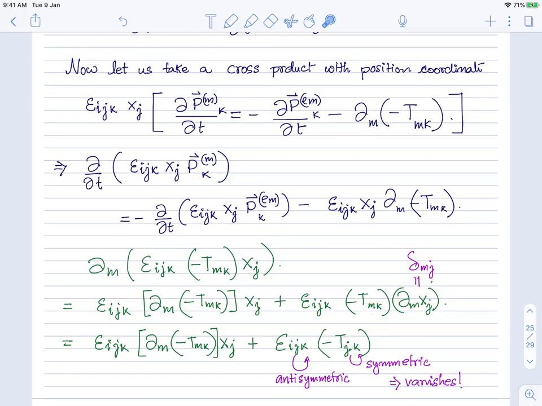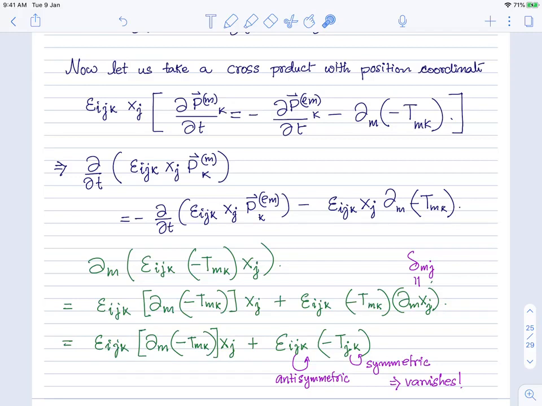The j index was the one carried by the x, and the m index was the one carried by the divergence and the Maxwell stress tensor. But now m has become equal to j because of this delta. You have to make them equal and take the sum.